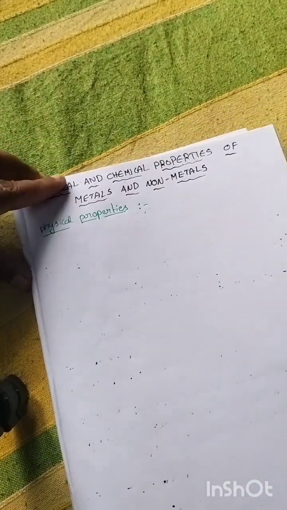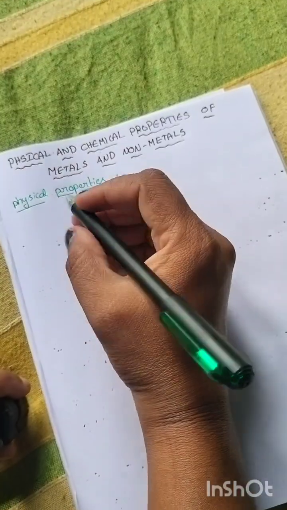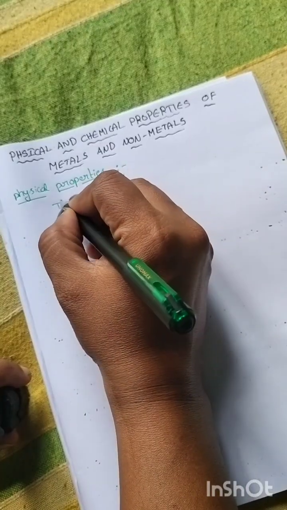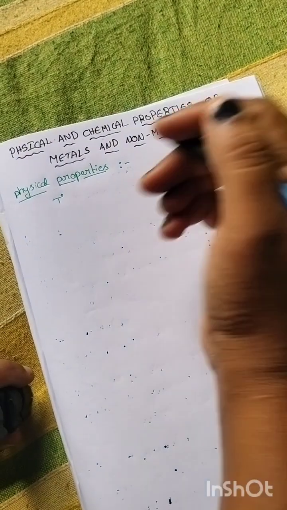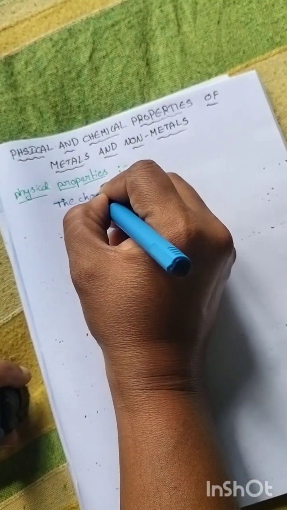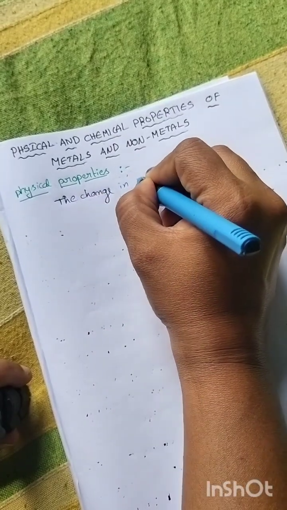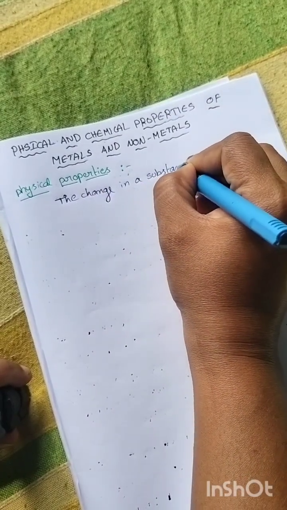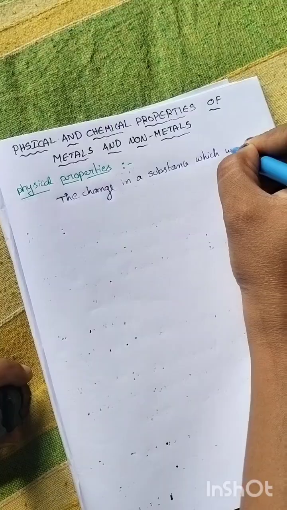A physical property or physical change is a change in a substance which we can feel, observe with our eyes, sense, or smell, without a change in its chemical composition. In a physical property we don't have any new compounds; we just observe the external changes only.